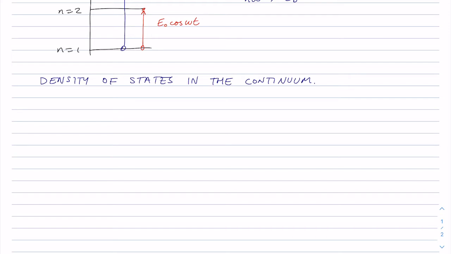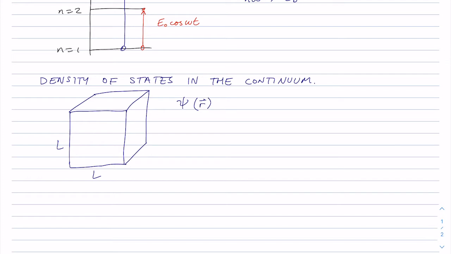So we invent a box of length L, and the wave function we know is that of a plane wave. We have a set of solutions which are plane waves with wave vector k, and it's a very big box, the size of the laboratory, or perhaps the size of the universe just as well.